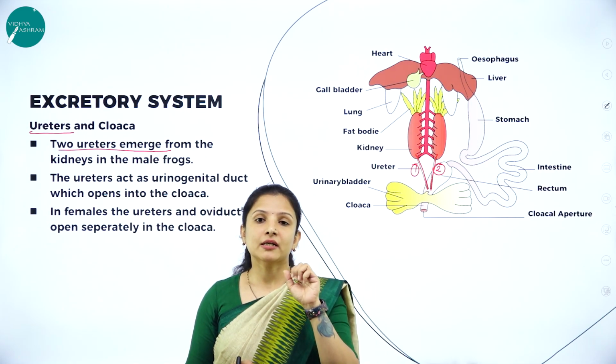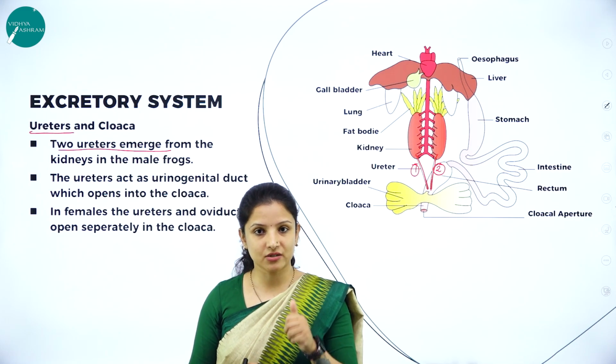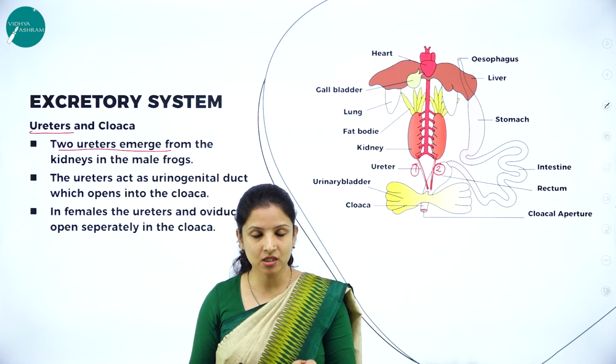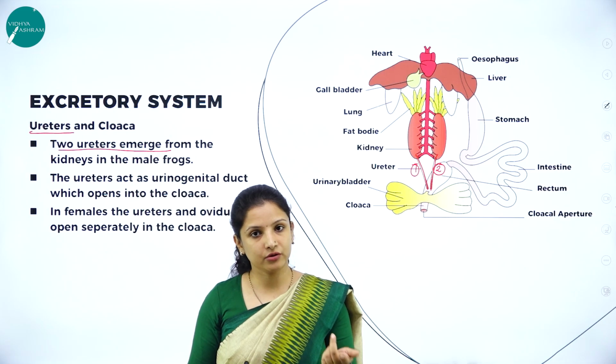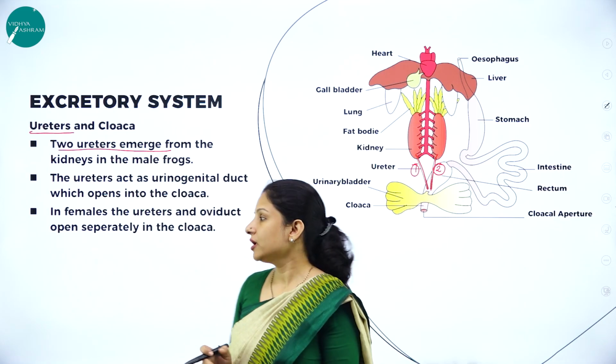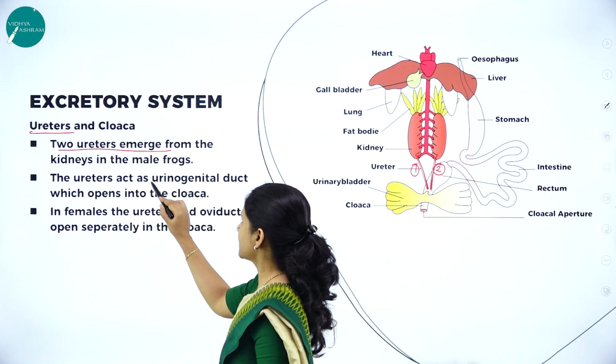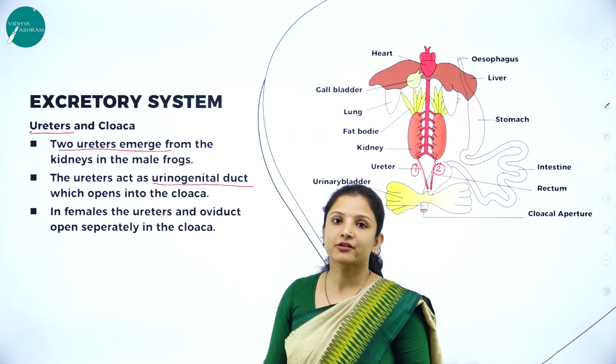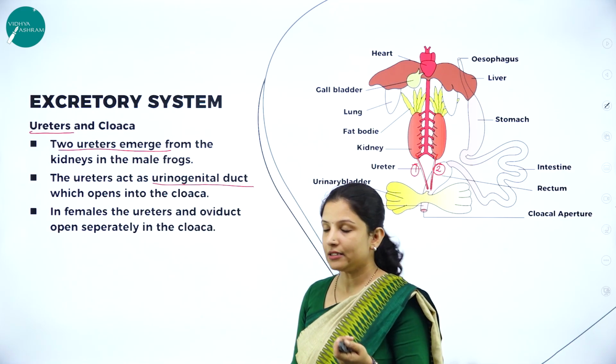So that is why it is called the urinogenital tract. It functions like a genital tract and it functions like a urinary tract as well. Therefore, it is called the urinogenital duct or urinogenital tube or urinogenital tract.